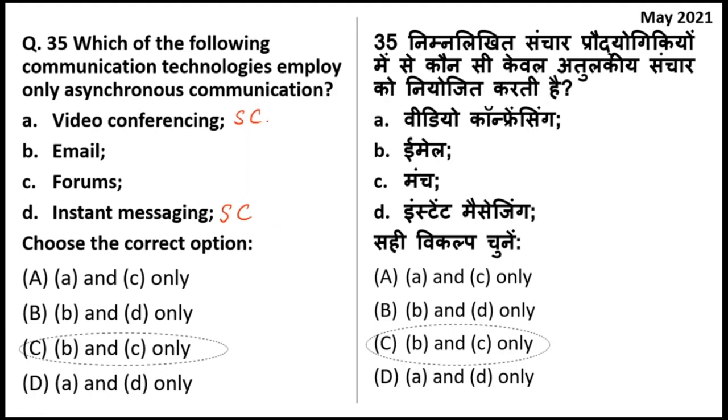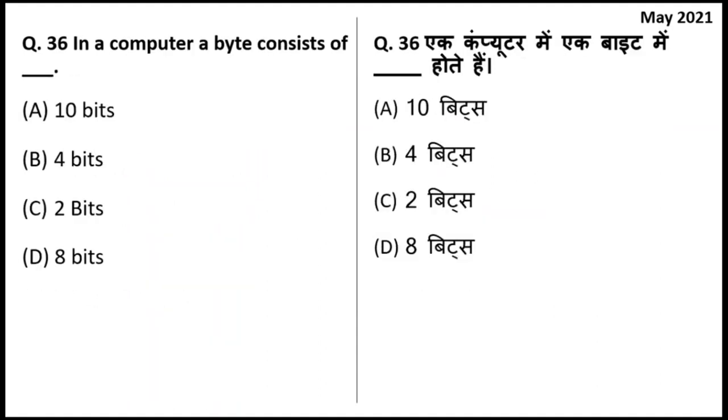Email is a kind of asynchronous, and forums are asynchronous communication. Okay. In a computer, 1 byte is equal to 8 bits, and 1 nibble is equal to 4 bits.